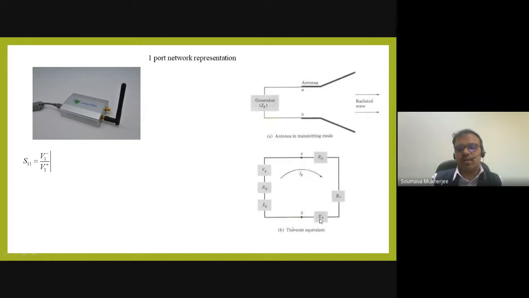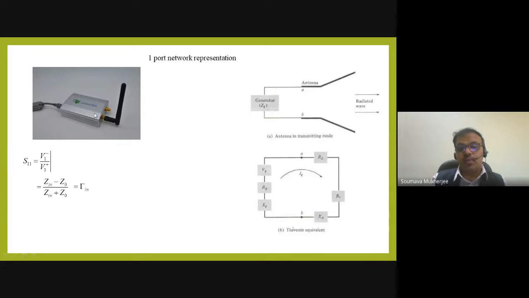This is the circuit. And what are we calculating? We are calculating S11, because whatever current we are giving, there will be reflection because of the mismatch. So we will have a reflected voltage wave and an incident voltage wave, and the ratio of those gives us S11. Since there is no port 2 here, by definition this is equal to the reflection coefficient, which is Zin minus Z0 over Zin plus Z0.